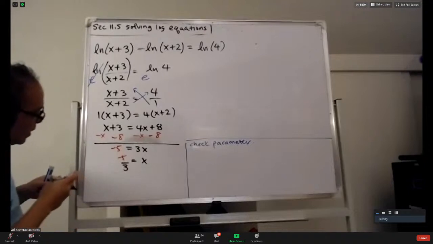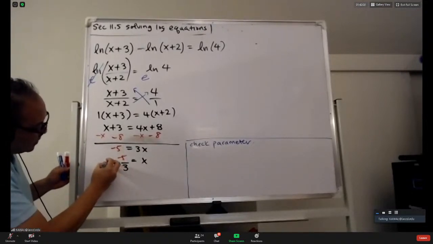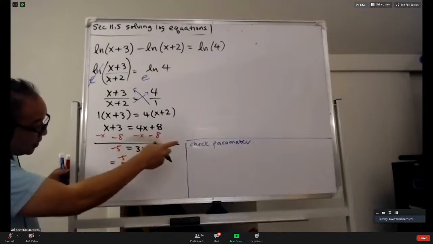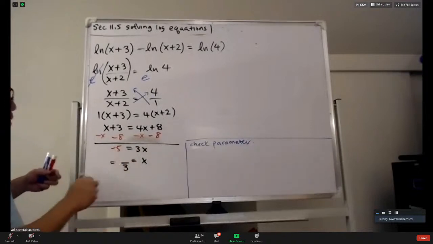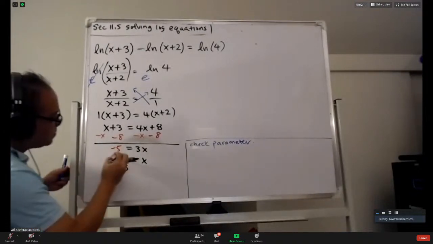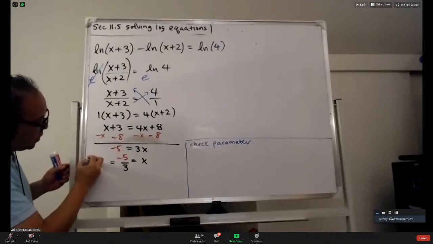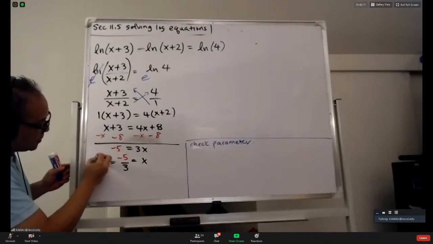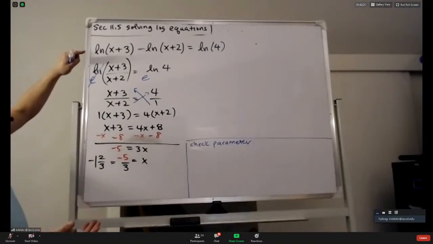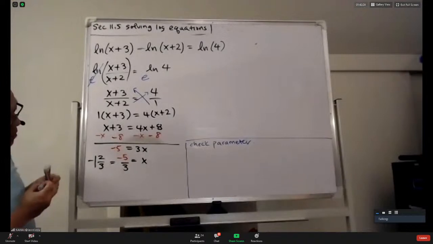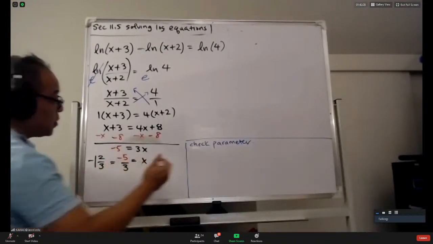Okay. Now, this is a little bit better of an example because when you plug it into the parameter, what you want to do is turn it into a mixed number, because that'll make it easier for you to check whether this is positive or negative. So plug it into here.